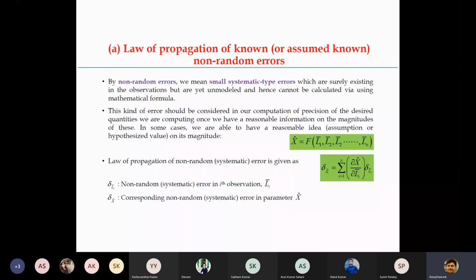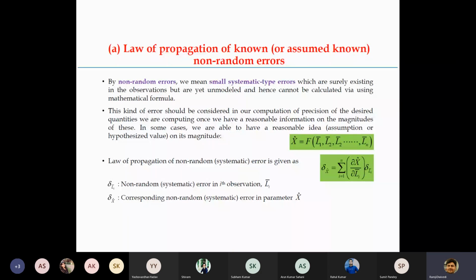So we are talking here about the small cases, how the systematic error in the ith observation would take part. It is nothing but the summation from 1 to n of del x by del L multiplied by delta Li. That's how you see the propagation error of all observations: a small systematic error in an individual observation would be propagated to the parameters. So it's a very basic equation.